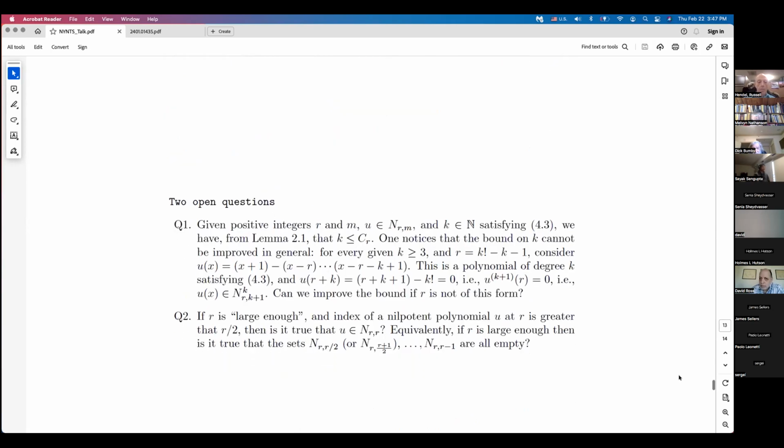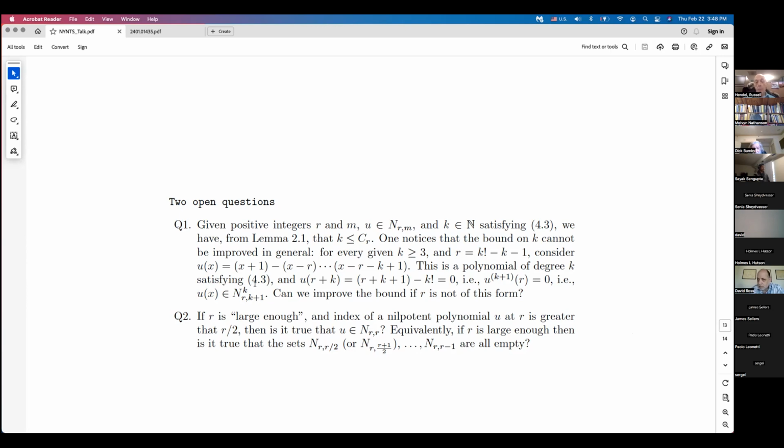Why? Well, you can consider this polynomial, u(x) equals that, where r is k factorial minus k minus 1 for some particular k. I said k is greater than or equal to 3 just to make sure that r is positive, no other reason. And now we can check very easily that this is a polynomial which is nilpotent at r of index k plus 1 and degree k.